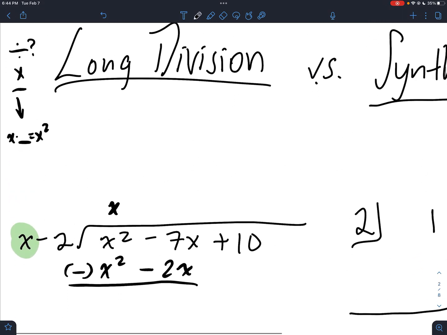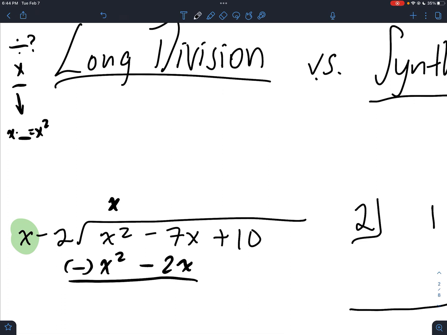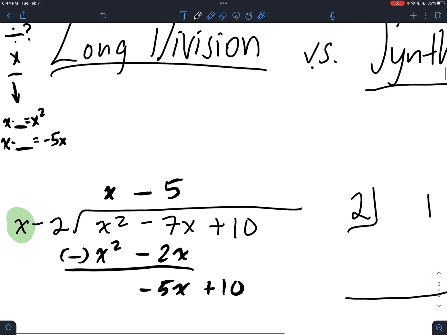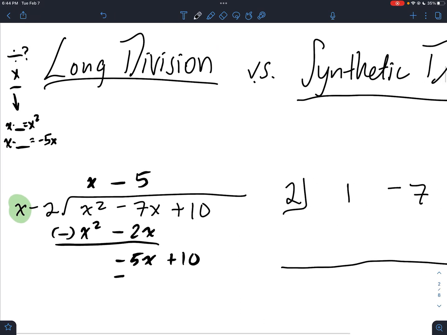So we're multiplying to both, and now we're subtracting both. So we're ending up with negative 5x, since we're subtracting a negative 2. And then we ask another question, x times what is negative 5x, and that's negative 5.